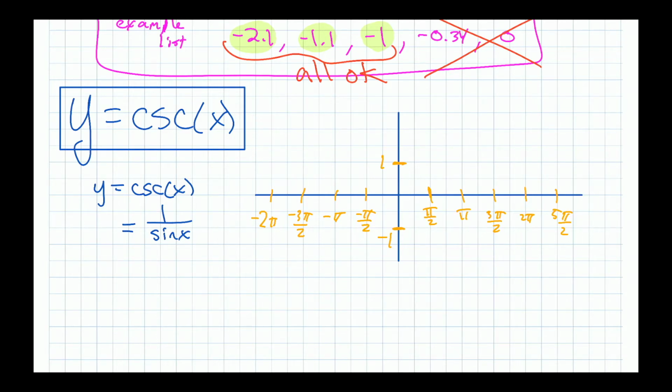Exactly like we did for the secant. So I'm going to draw the sine, and I'm not going to go into too much detail there. Sine 0 is 0, then it's up to 1, down to 0, down to -1, back up there, then up top. So we have that. Negative half is the same.